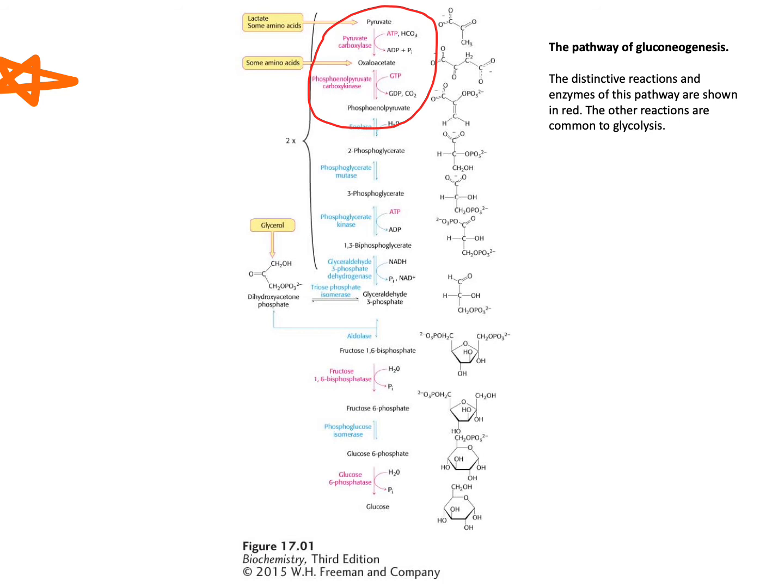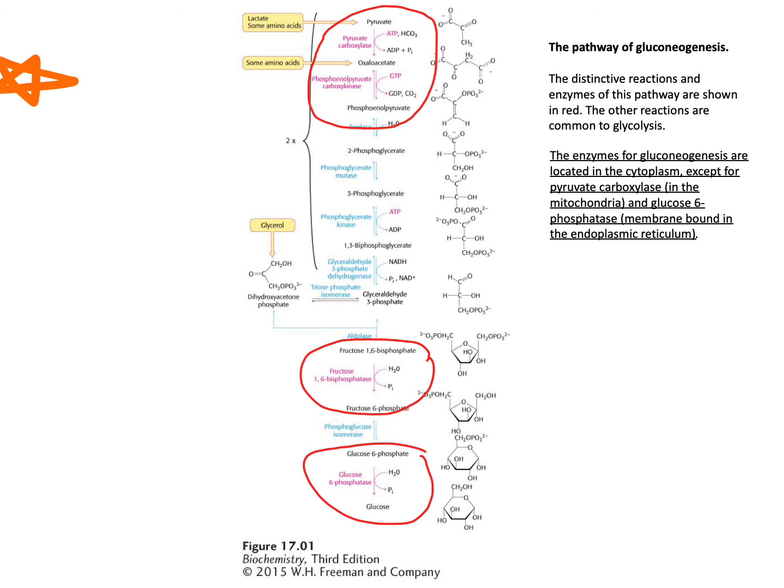To reverse that control site in gluconeogenesis, there are two new enzymes involved. The other control site, from fructose 6-phosphate to fructose 1,6-bisphosphate, requires one new enzyme to reverse it in gluconeogenesis. And for the third control site, there's another new enzyme.